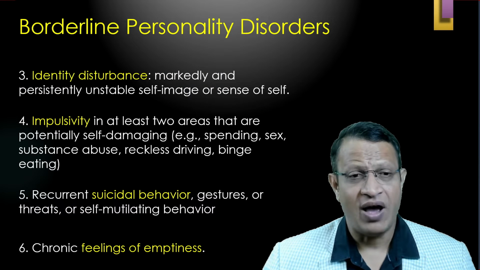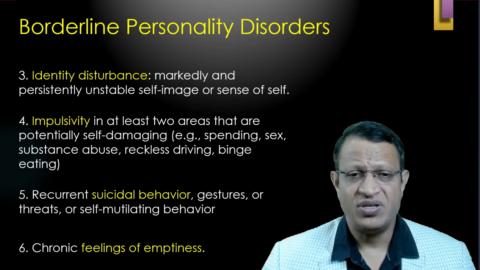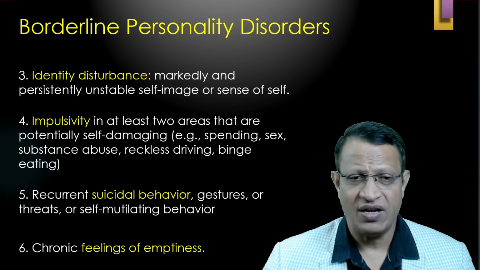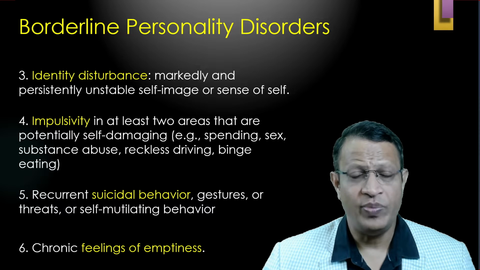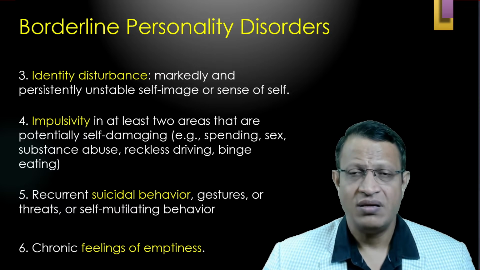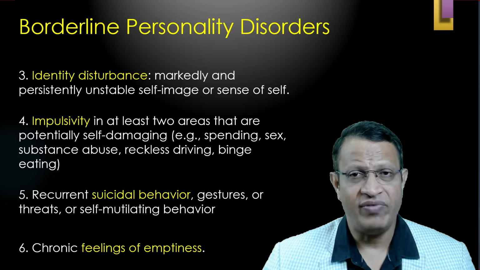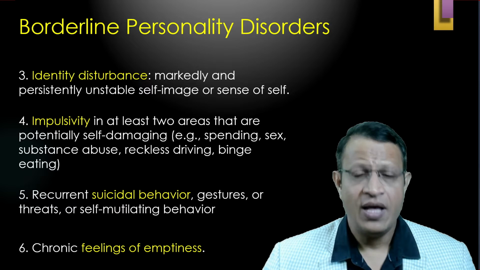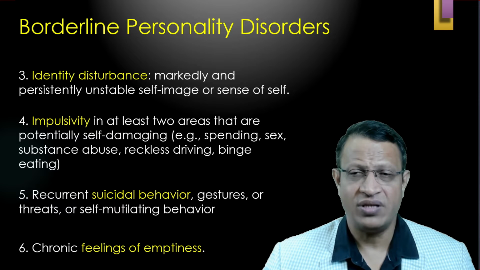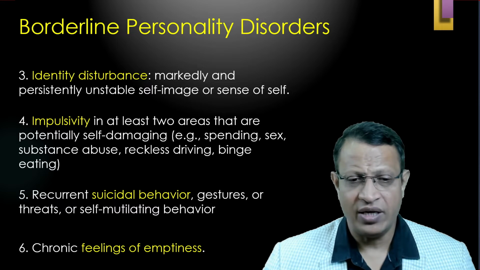They will also have identity disturbance, that is, a markedly and persistently unstable self-image or sense of self. Impulsivity should be in at least two areas, such as spending money, sex, substance use, reckless driving, or binge eating. They also have recurrent suicidal behaviors, gestures, threats, and self-mutilating behavior.